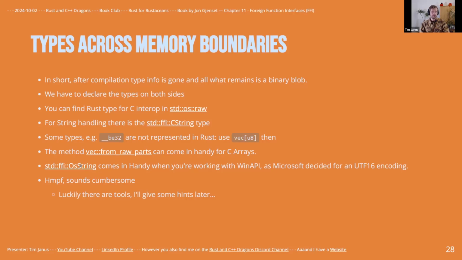What's maybe interesting if you're working with Windows or the WinAPI especially, there's a special string for that, managing the UTF-16 encoding Windows went for. This is a lot to do manually, but there are tools. We will look at them later and do it manually first.